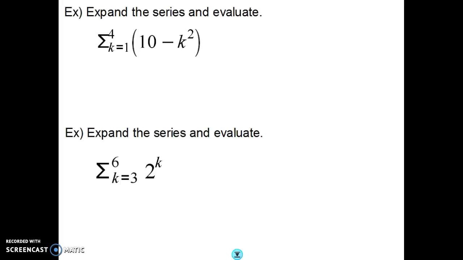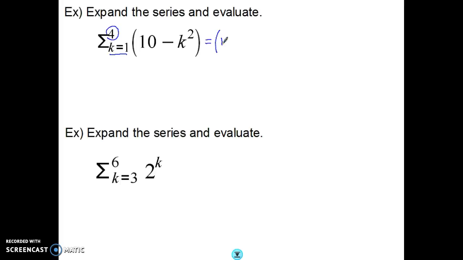This first example here asks us to expand the series and then also evaluate it. All that extra piece there that evaluate means is once you've expanded it, actually add all those terms up and get a final number. So in this case, we're starting with our first term when k is 1, ending with k equals 4, and this is our explicit formula, 10 minus k squared.